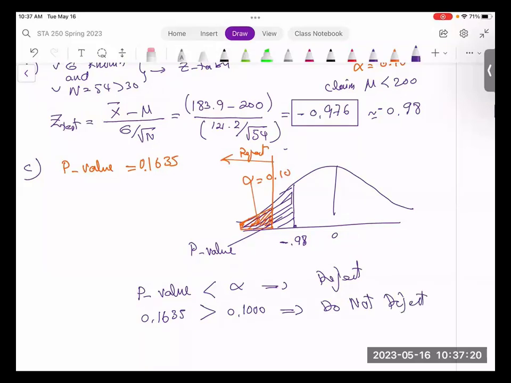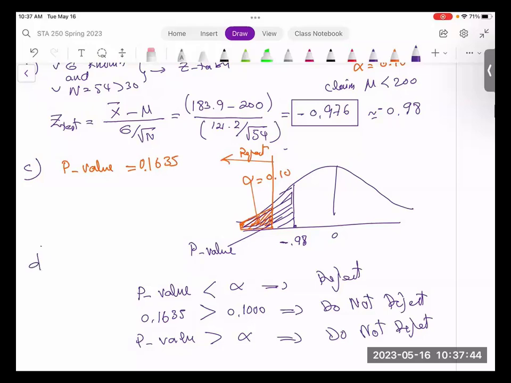Are we okay with this? I have another formula, as a matter of fact: p-value greater than alpha, do not reject. If you want to remember both of them, that's fine. But I usually remember only one. If it is wrong, I do the opposite statement. Are we okay? So that's my conclusion.